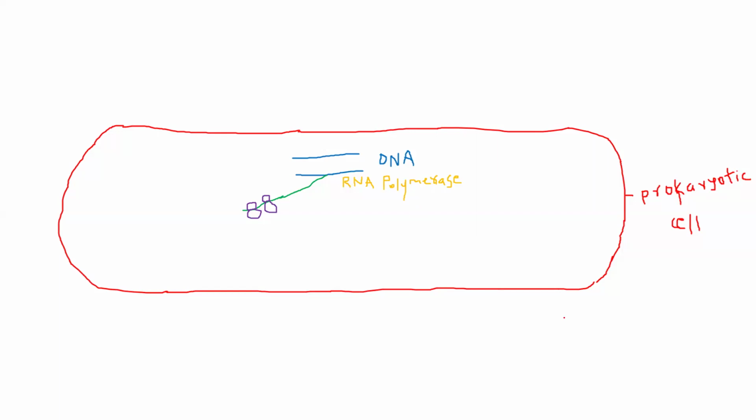This is a prokaryotic or a bacterial cell. In this bacteria, there is a circular double-stranded DNA chromosome. For simplicity, I have drawn only part of the DNA. And here transcription is taking place by the RNA polymerase holoenzyme of the bacteria, which we have seen in the previous lectures. And this green thing is the mRNA, which is being synthesized due to the transcription of this gene by RNA polymerase.